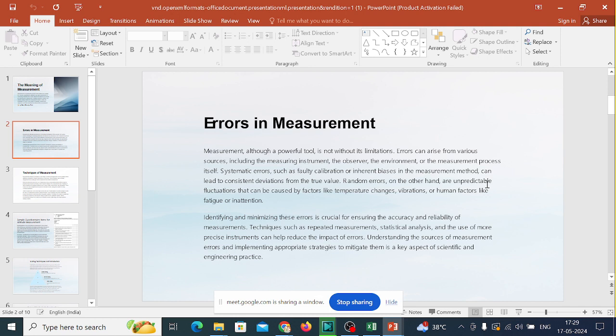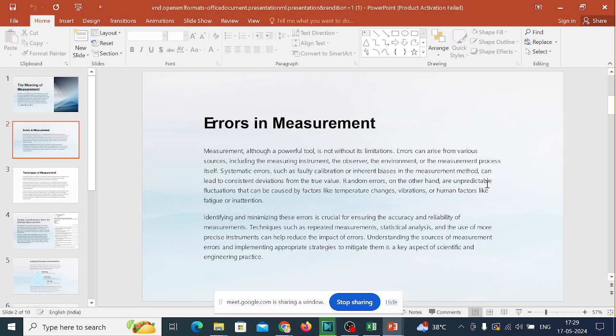So the first important source of errors in measurement can be an instrumental glitch. Number two is the environment, which is also an important factor, along with the measurement process itself.